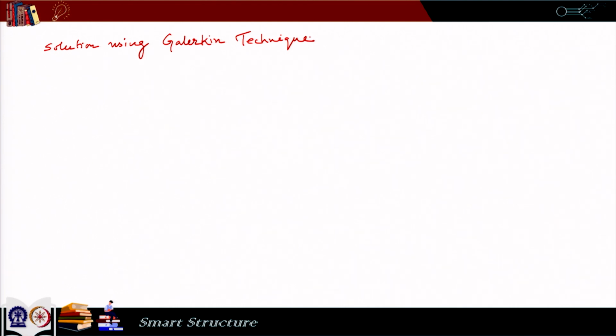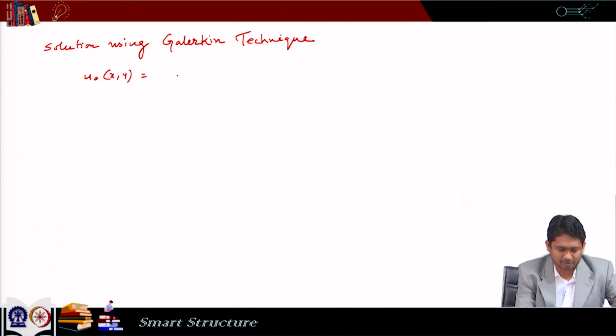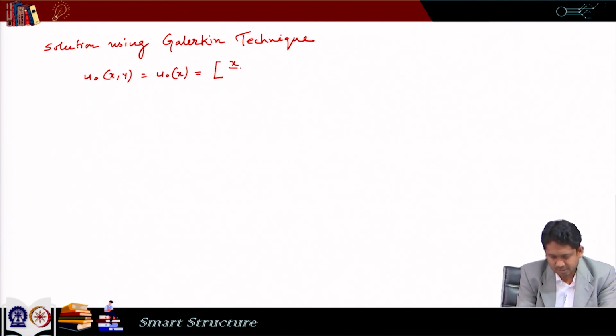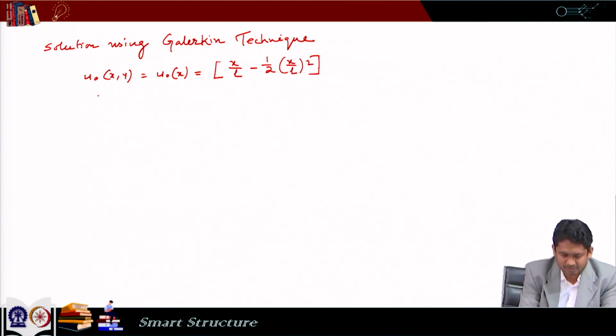To solve it using the Galerkin technique, let us make a different approximation. Again, let us approximate that there is no variation of u 0 along y and v 0 is not there. So, u 0 is x by L minus half into x by L square, and v 0 is 0.